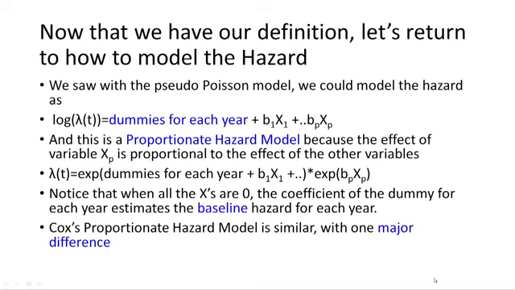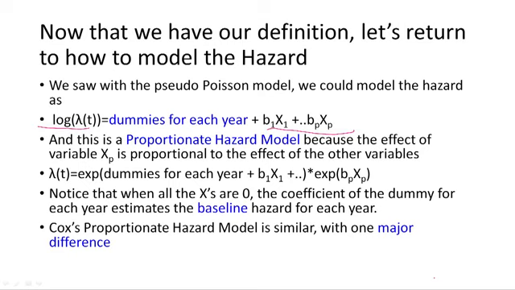Now, I showed you with a pseudo-Poisson model that we could model the hazard by saying that the log of lambda of t, of the hazard at time t, is a dummy variable for each year, which captures a separate baseline hazard for each year, plus the sum of terms that are the predictors. So for each predictor, I have a coefficient. That's if I use the pseudo-Poisson model.